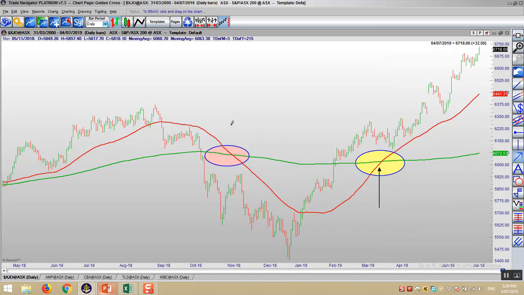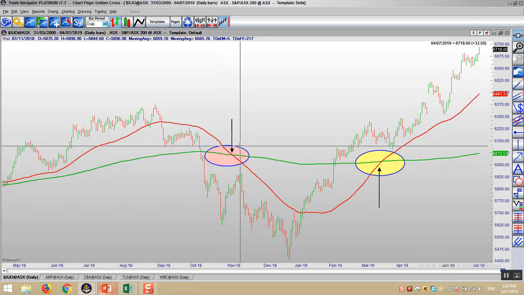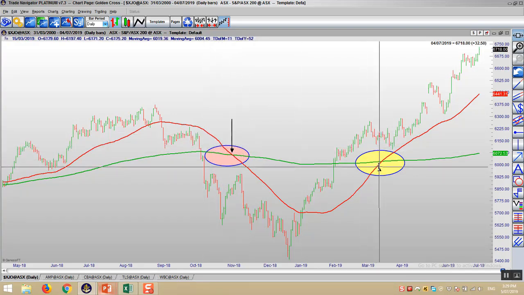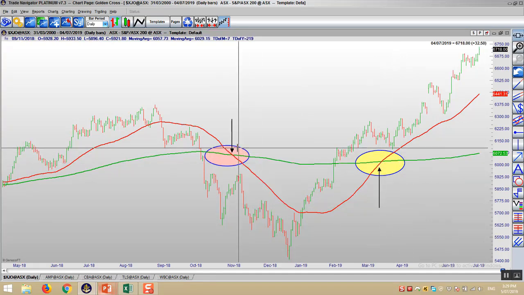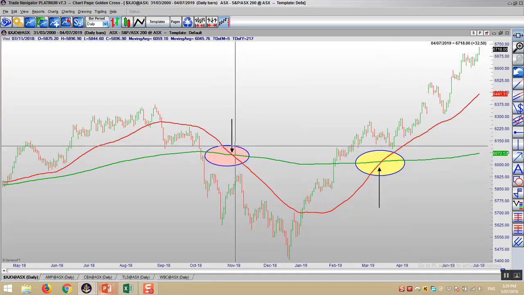And you want to do the opposite and close or get out of your position when you have the death cross, which is the opposite, when the 50 day crosses below the 200 day. So that's our condition to enter. We buy when that occurs, and we sell when that occurs. Simple as that.